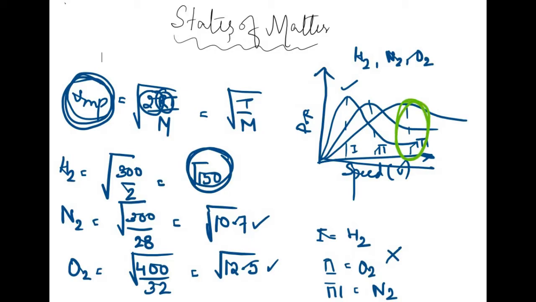Number 3. So hydrogen should be number 3. Then oxygen should be number 2. And nitrogen should be number 1. This should be my correct sequence, which matches option C of your answer. So the approach to the question is important, how we are dealing with the question, right?